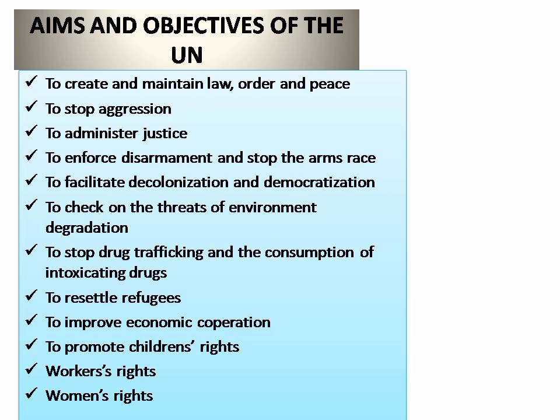Another important objective was to enforce disarmament and stop the arms race. The UN was to enforce disarmament and stop the arms race that was responsible for the outbreak of the two world wars.